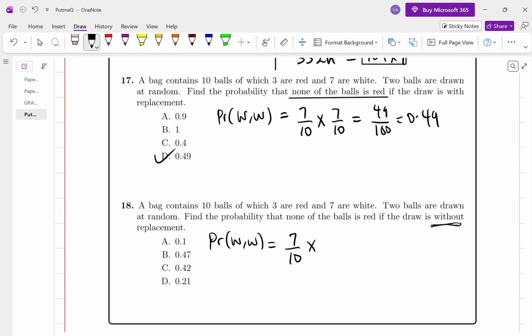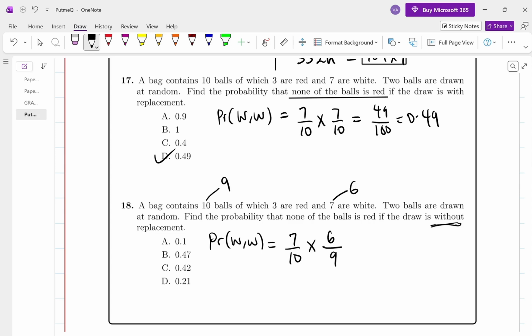So after picking the first white ball, how many white balls would we have remaining? 6 would be remaining. Then what will be the total number of balls? 9. Because we've already removed 1 before. We did not replace it. That's why it says without replacement. So we now have 6 white balls out of a total of 9 balls. Yep, so this is what we're going to be getting.